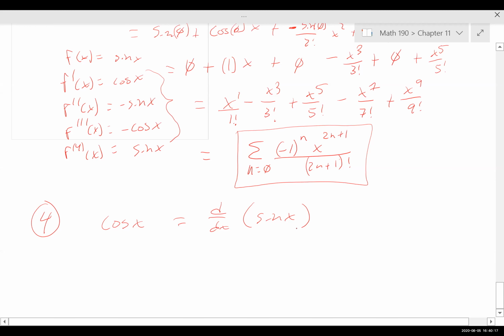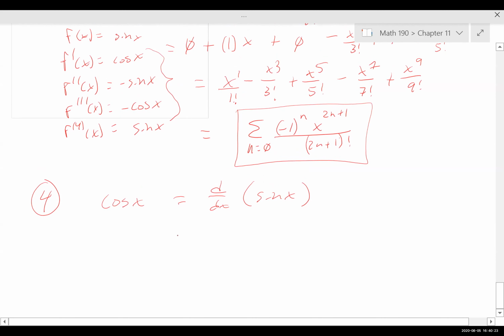So let's take the derivative of each of these terms: x to the first over 1 factorial minus x to the third over 3 factorial plus x to the fifth over 5 factorial minus x to the 7th over 7 factorial plus x to the 9th over 9 factorial, plus dot, dot, dot.